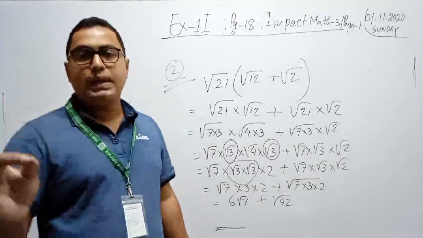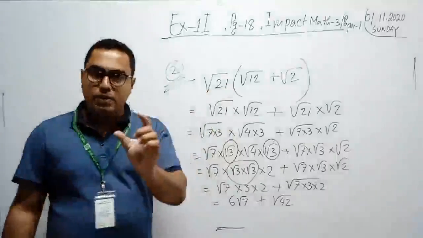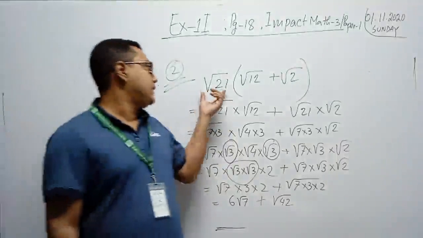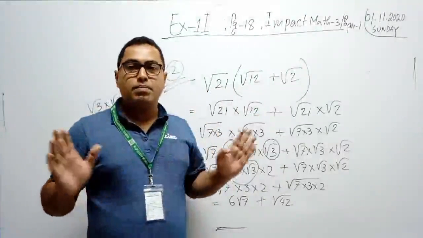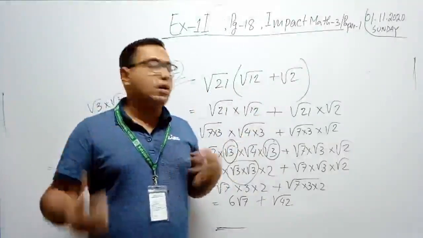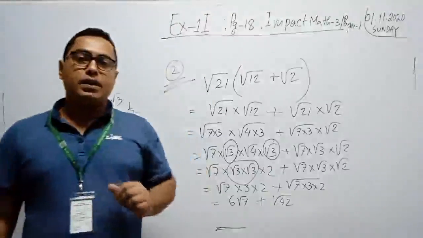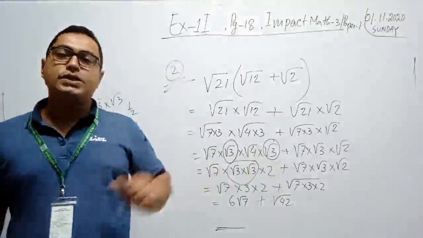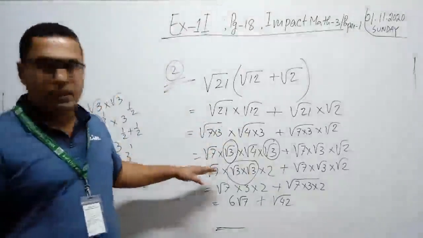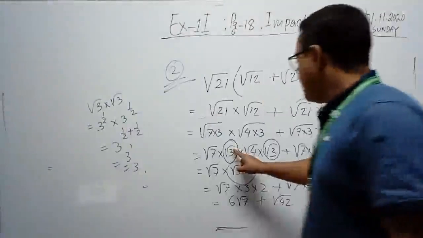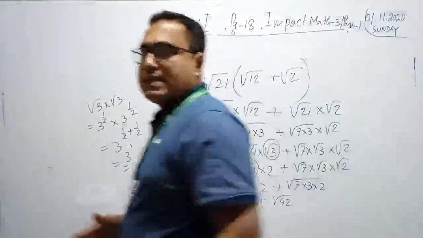as our preliminary knowledge. First of all, in the question, you will multiply them. That means you have to distribute the power using distributive law. You have to break the bracket. That is one part, and it is asked in the question, so you have to do it. And then in simplification, suppose this square root of 3 and this square root of 3, same thing.